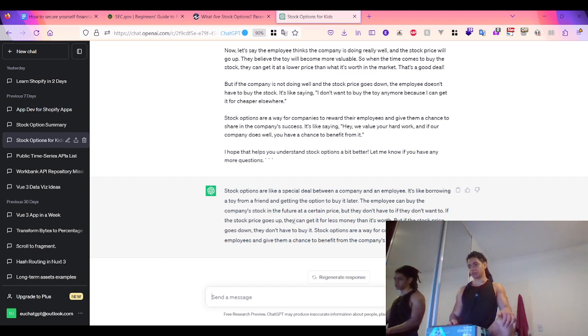If the price goes up, they can get it for less money than it's worth. But if the stock price goes down, they don't have to buy it. Stock options are a way for companies to reward their employees and give them a chance to benefit from the company's success.